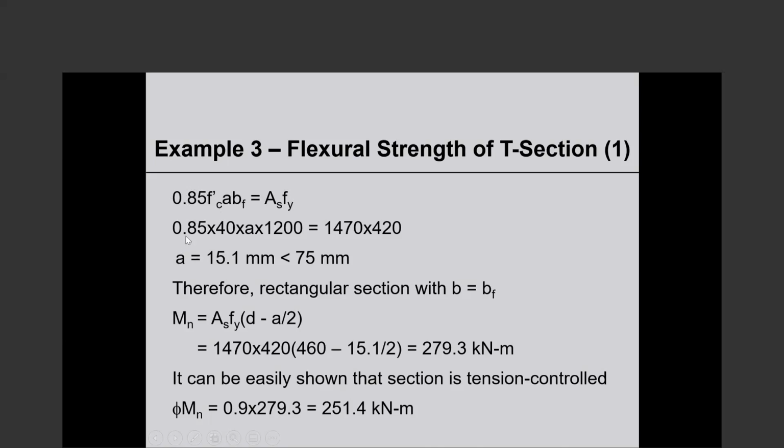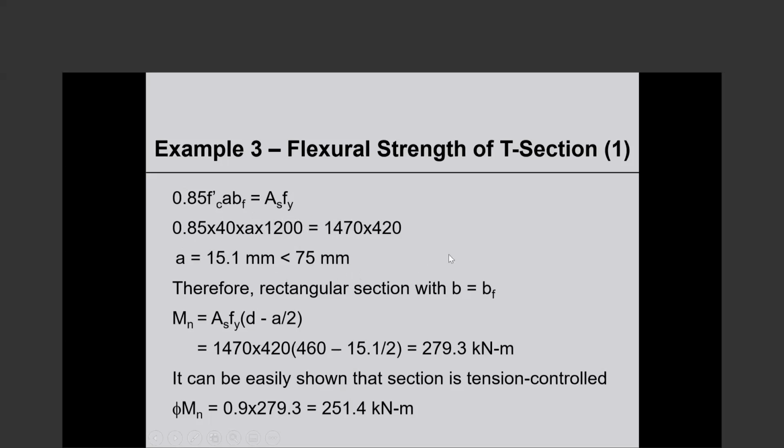Okay, so 85% F sub C prime is 40 MPa. Stress block depth is what we want to determine. B sub F is 1200 millimeters. We calculated that the effective flange width is equal to A sub S of 1470 multiplied by 420. So A comes to 15.1 millimeters. And that is less than the 75 millimeters flange thickness.